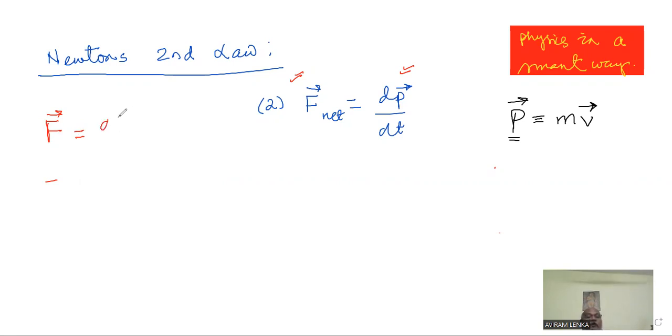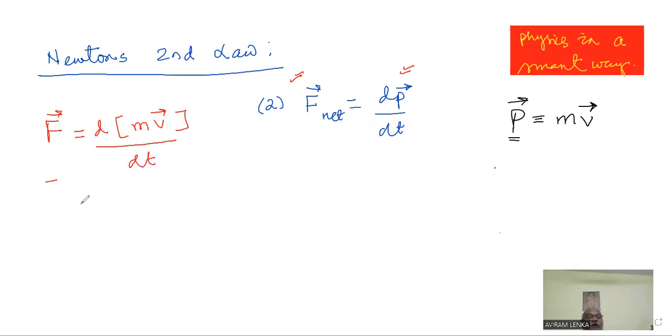F equals the rate of change of momentum. In place of momentum, we can write mass and velocity: F equals d(mv) by dt.